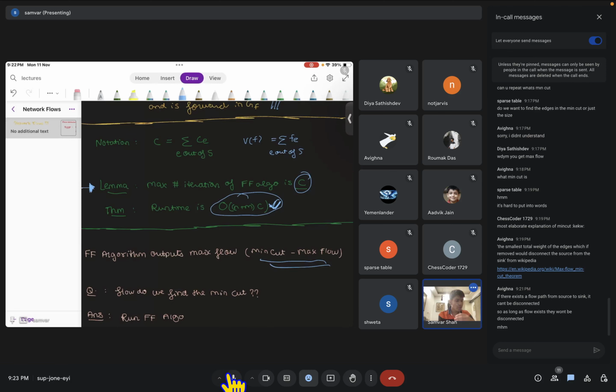So this is what you actually do. You do BFS from the source. Okay, one second. S to A. A valid cut just means that you have two sets and S and T are in different sets.